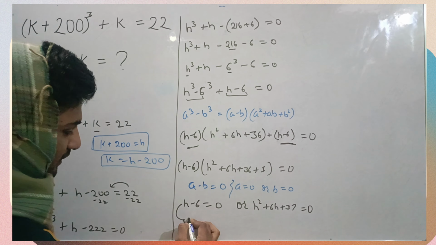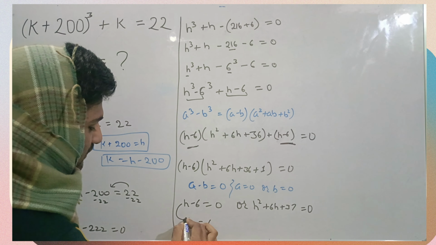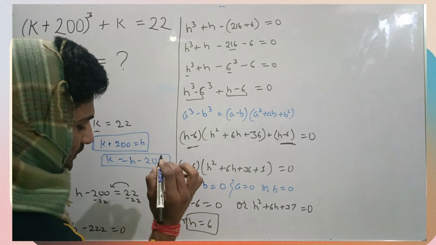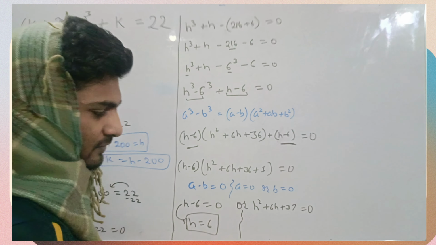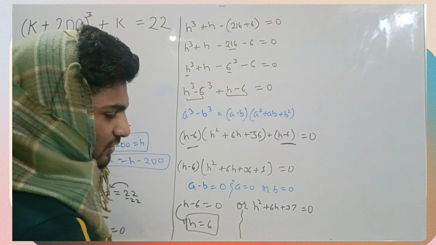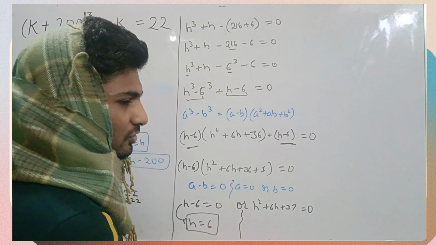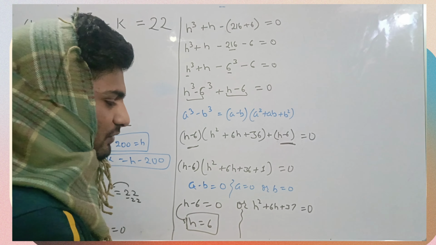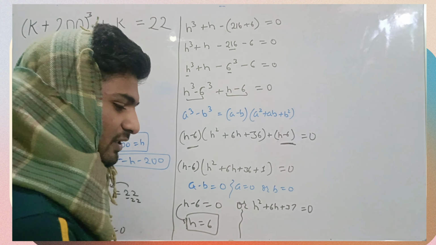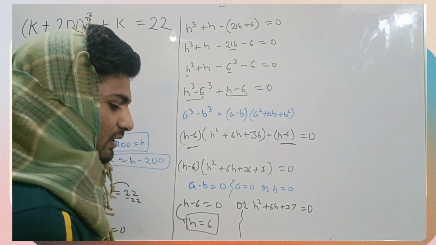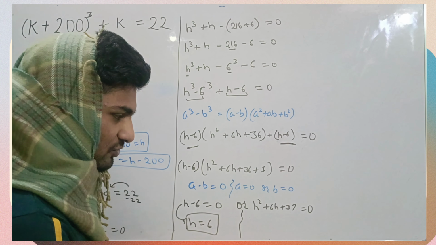From this we get the value of h as plus 6, and we want the solution of the other factor too. As this is a quadratic equation, first of all we would like to see whether it has real roots or not. For that we are going to find the discriminant, and if the discriminant value is positive, then we can say that it has a real solution.